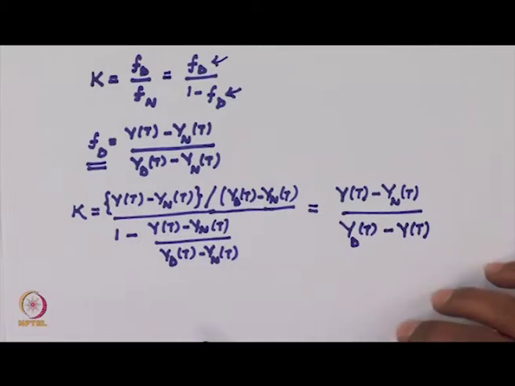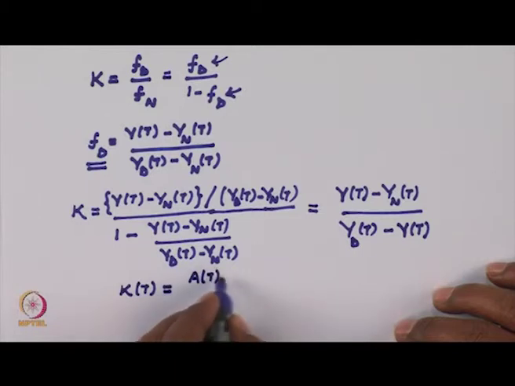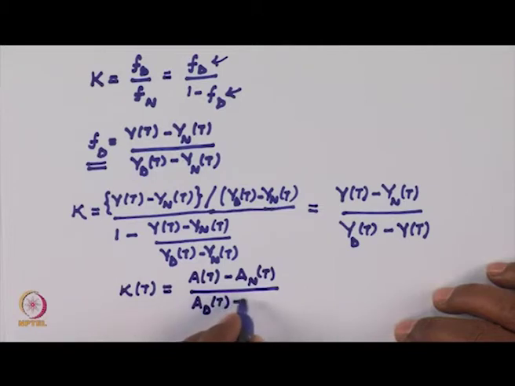And if I express this in terms of absorbance, then K at any temperature T will be equal to absorbance at temperature T minus absorbance for the native form at temperature T, divided by absorbance for the denatured form at temperature T minus absorbance at any temperature T.